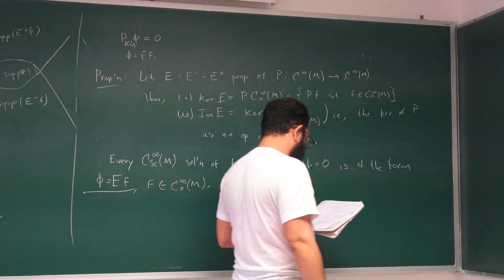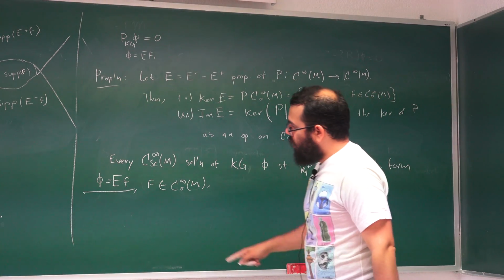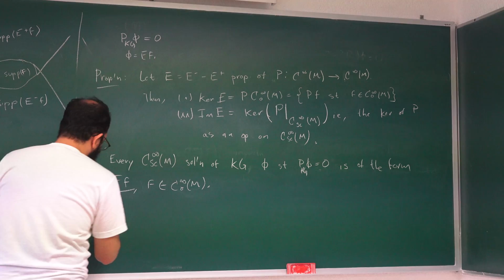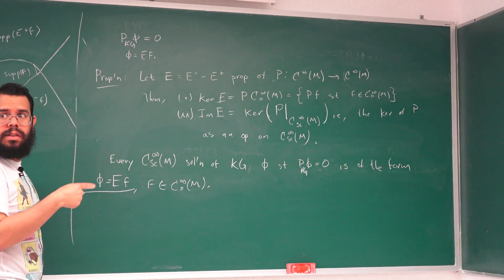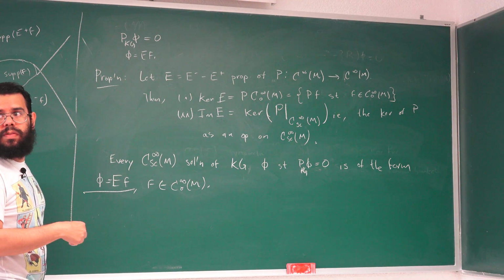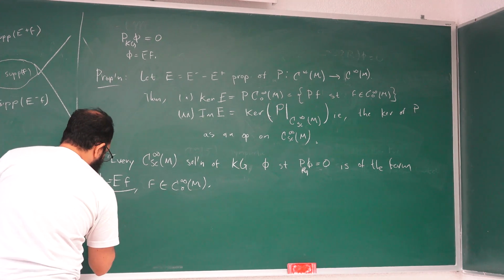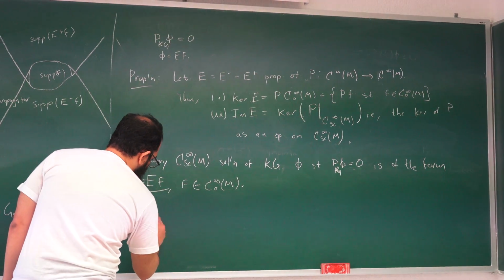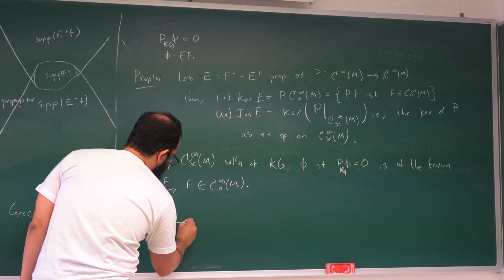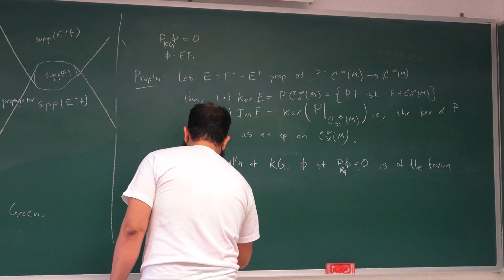Right. So this means, in other words, going back to a previous description of the space of solutions in terms of initial data, that there is a one-to-one correspondence between these guys and initial data.